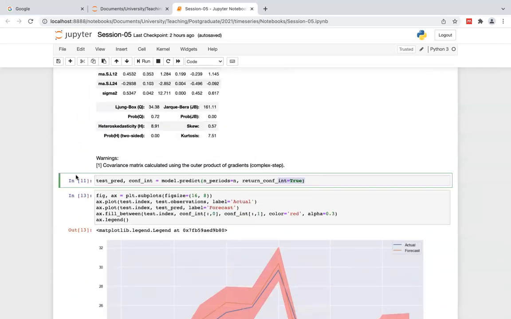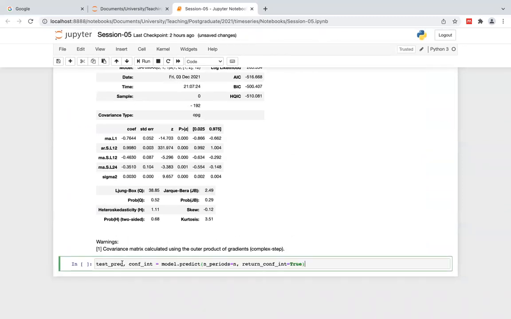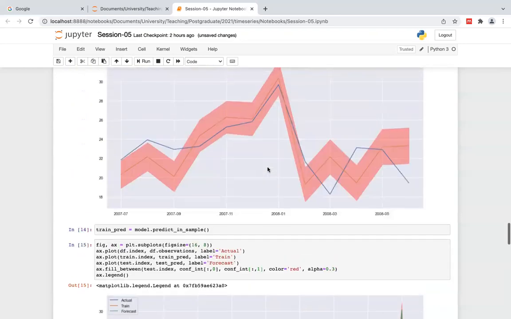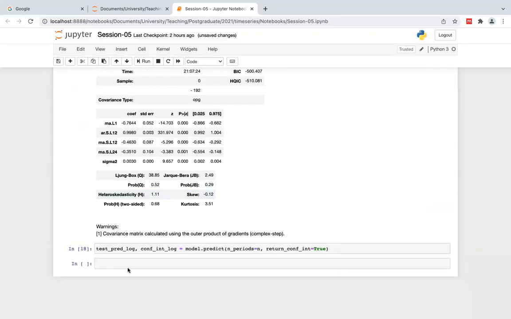to collect this test prediction. I'll go with test pred with log and log, right. Okay, then we will draw it and let's see what happens.